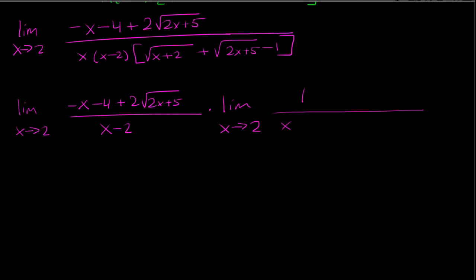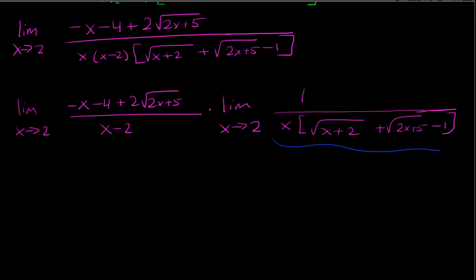Okay, so what's left is x times square root of x plus 2 plus square root 2x plus 5 minus 1. Okay, so keep in mind here that this is not going to give you 0 in the denominator.